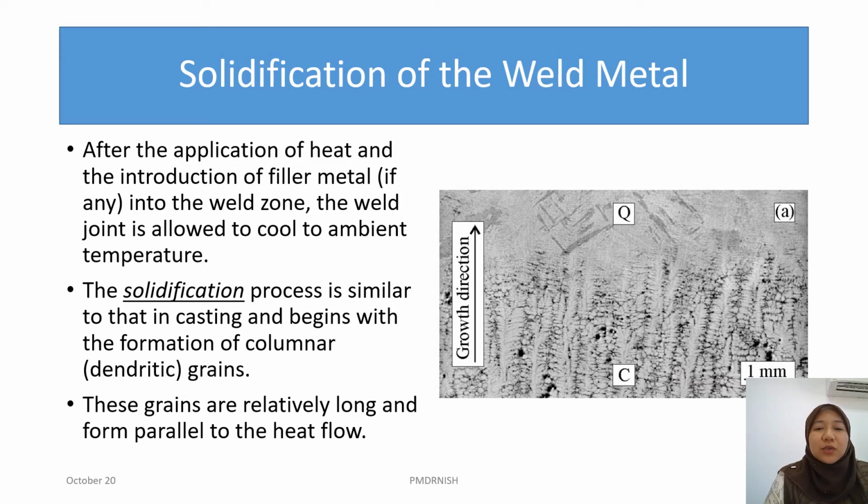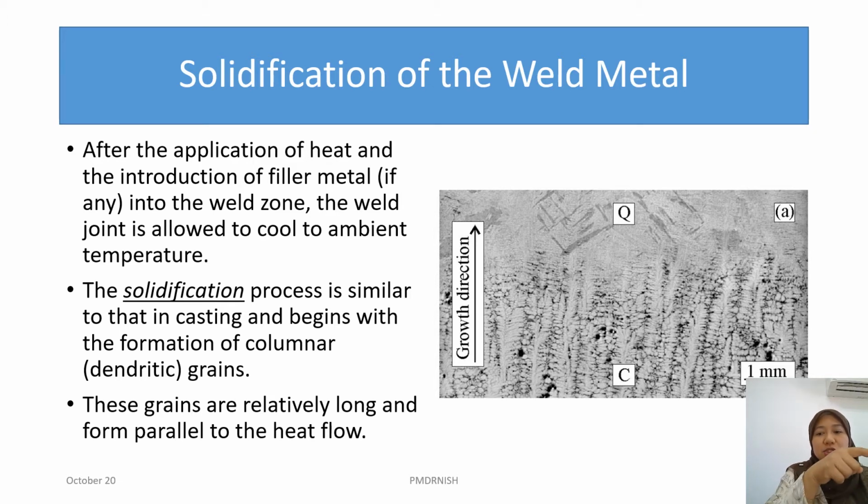During the welding process, when the base plate is exposed to heat, the base material will absorb the heat. After the application of heat and the introduction of filler material, if any, into the weld zone, the weld joint is allowed to cool to ambient temperature.